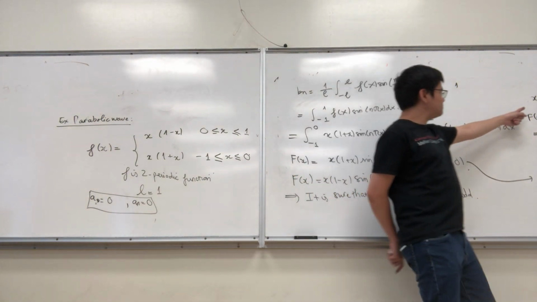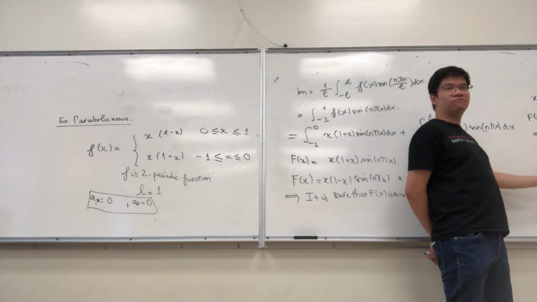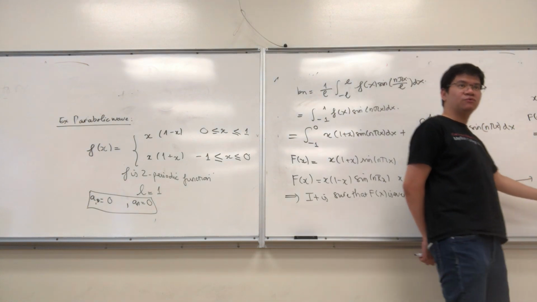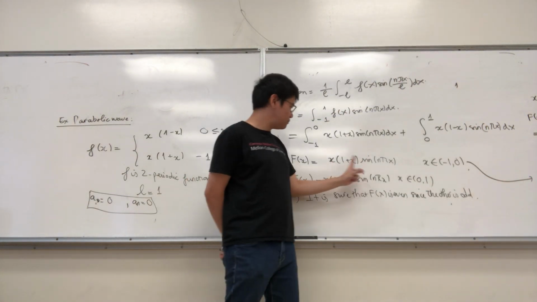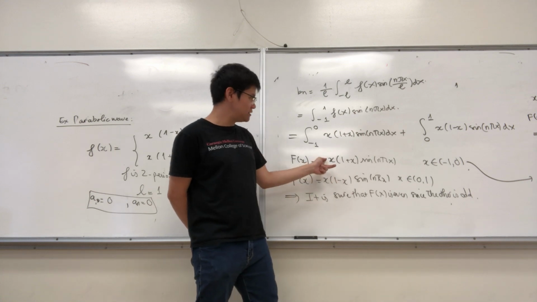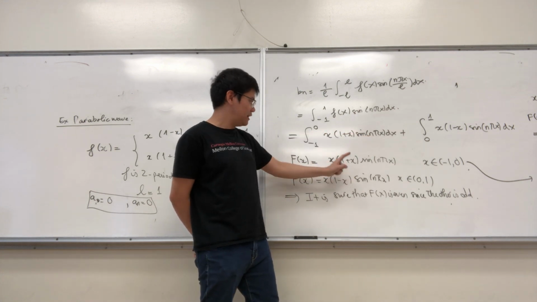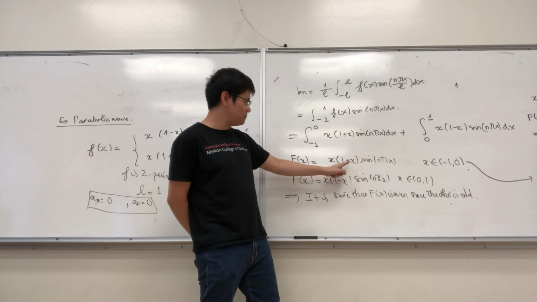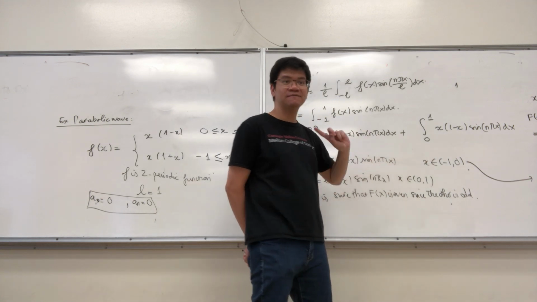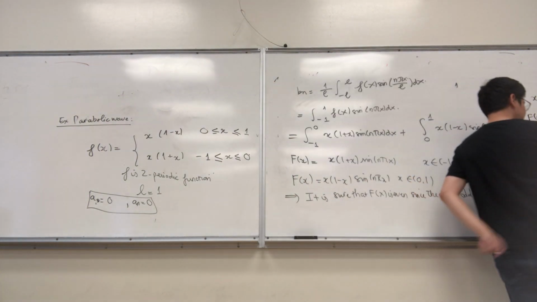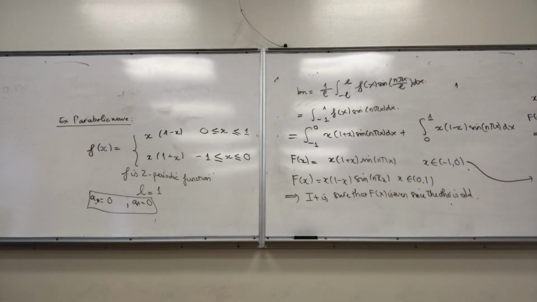Because x is from 0 to 1, minus x is from minus 1 to 0, which means that you have to use this formula. So f of minus x will be minus x. I replace minus x here, I get minus x over there. I replace minus x here, I have 1 plus minus x. And over there, I'm going to get sin(n pi minus x). But this and this, they're exactly the same, which means that f(x) and f(minus x) are equal.